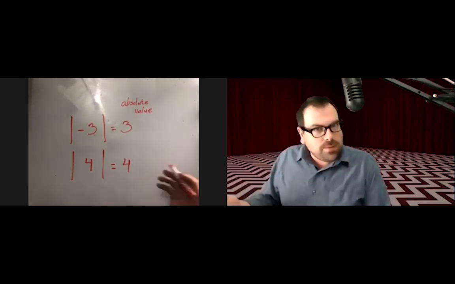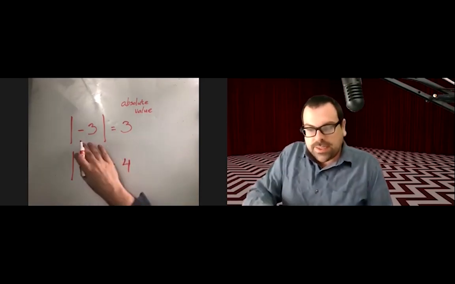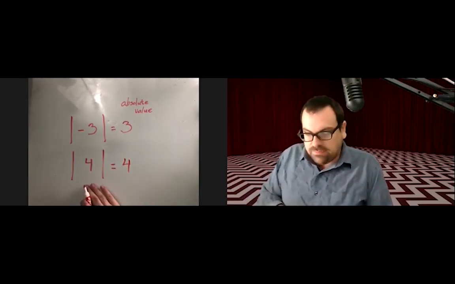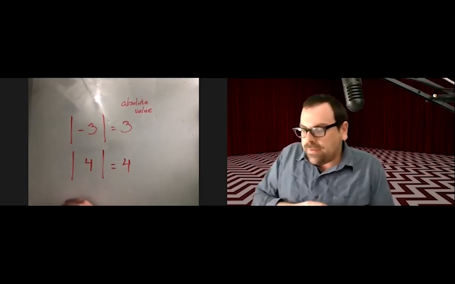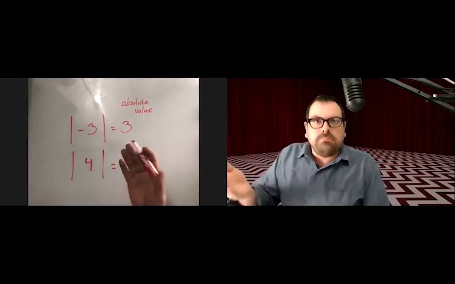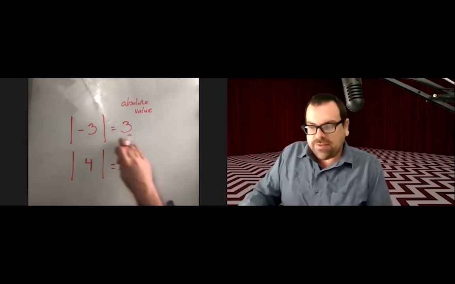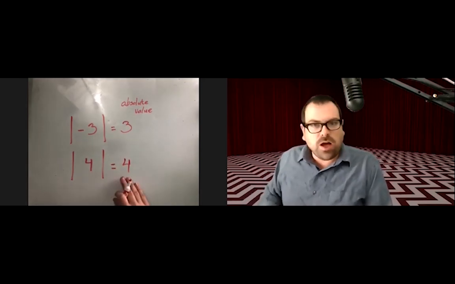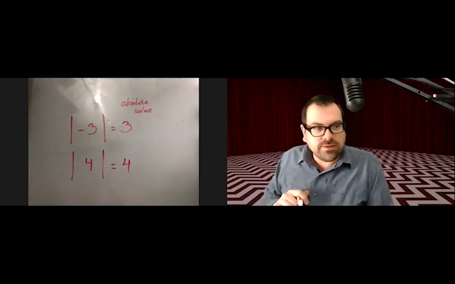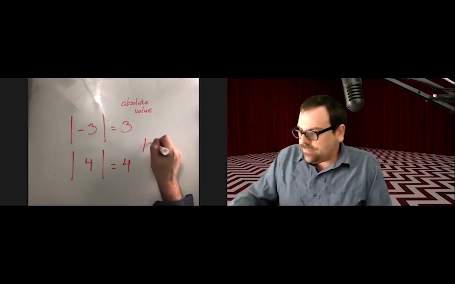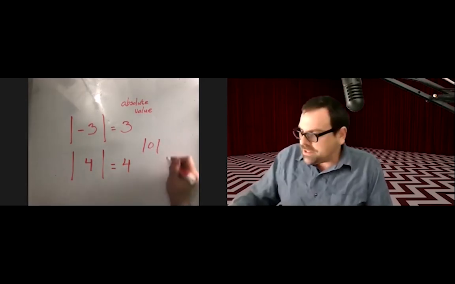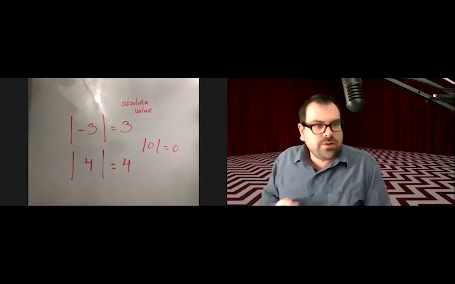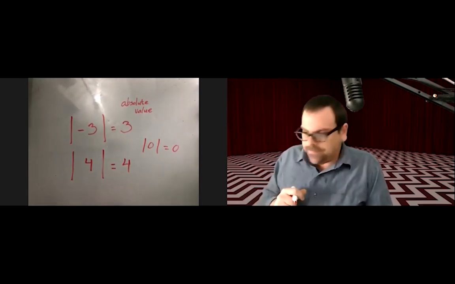So it doesn't take the opposite. It doesn't change negative into positive and positive into negative. It always makes it positive. So negatives become positive, positives stay positive, and the absolute value of 0 is itself 0.